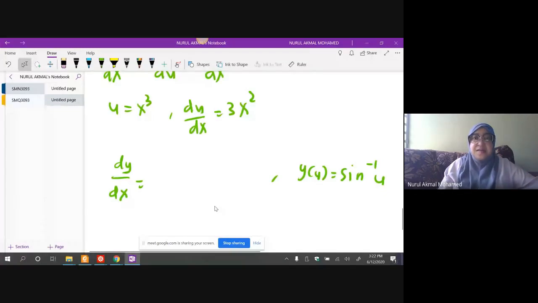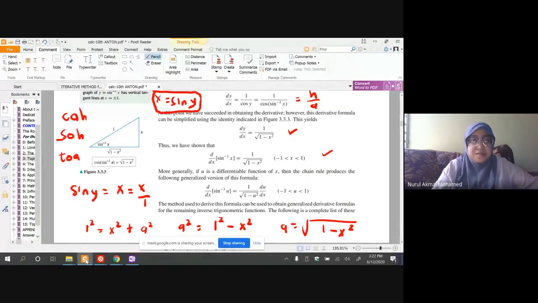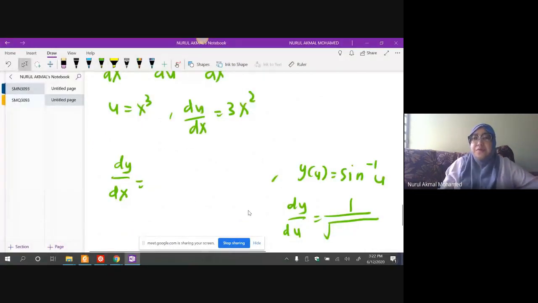So here dy du is equal to 1 over square root of 1 minus u squared, because this is in terms of u. So y of u is equal to arc sine of u, and dy du will be equal to 1 over square root of 1 minus u squared.